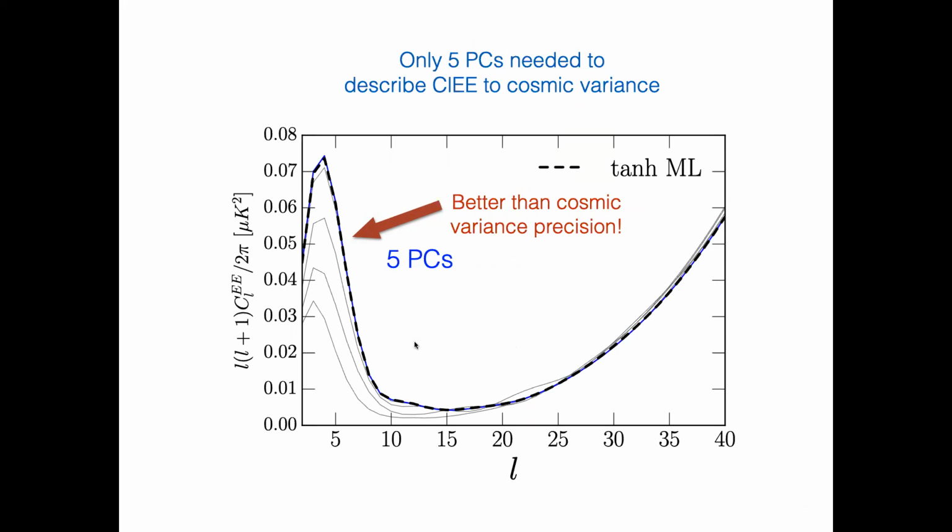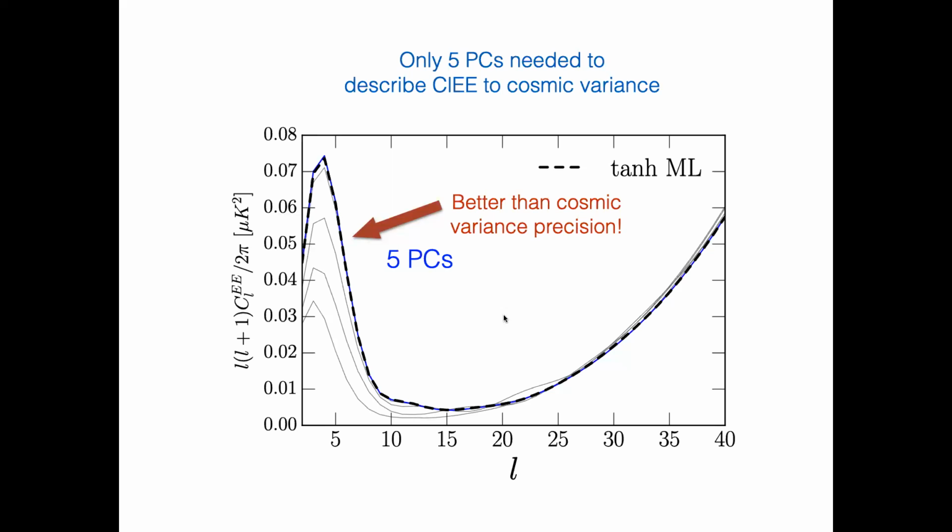This is a point I was going to make as well: you actually do not want to use the PCs to reconstruct the ionization history. A lot of people make that mistake and think they can do that, but that's not the best thing to do. It's more a forward model to get to the impact on the observable.